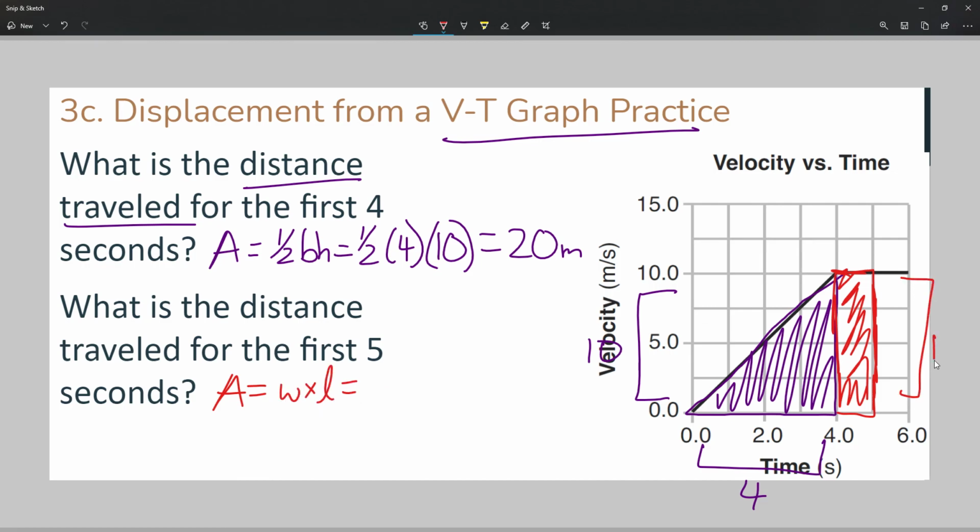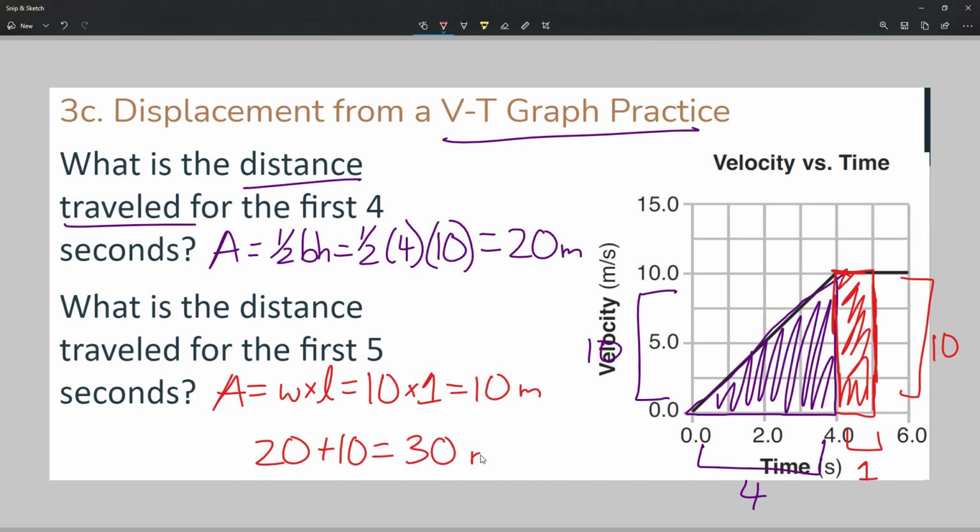My width is 10 and my length is 1, so 10 times 1 gives me 10. Now we need to add the areas. 20 plus 10 gives me 30. That's the answer. My total distance traveled for the first 5 seconds is 30 meters. Alright guys, hope that was insightful.